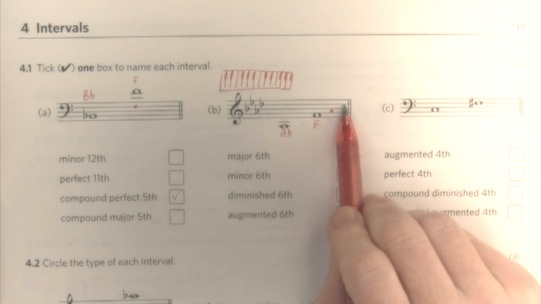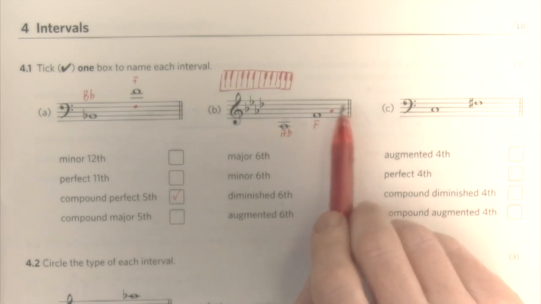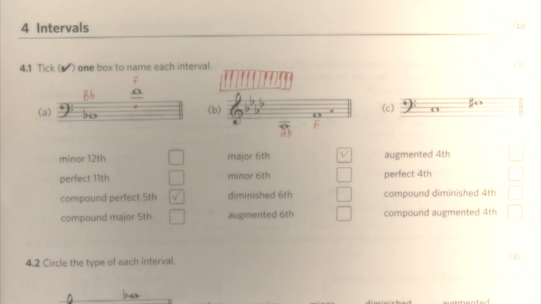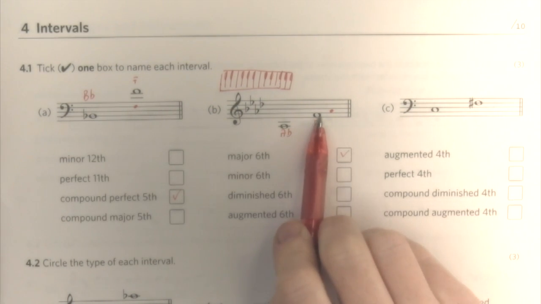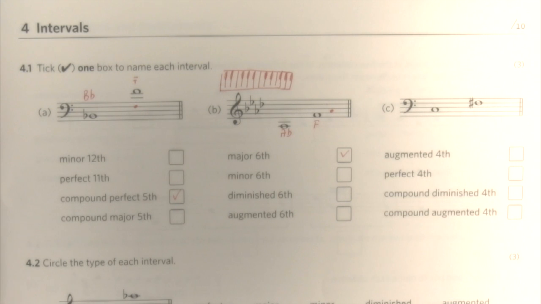A minor second becomes a major 7th. A major second becomes a minor 7th, and so forth. So we'll see it later on, but this is a minor third, which means the flipped over is a major 6th. And this is the quickest way of sorting out the intervals.